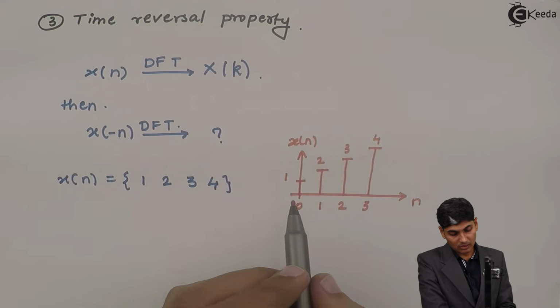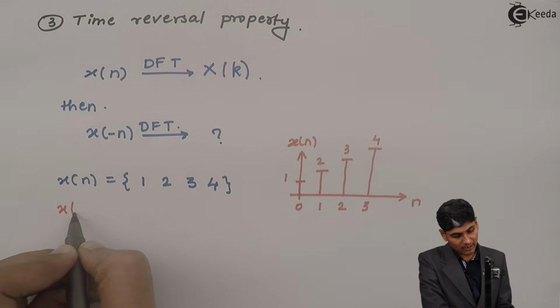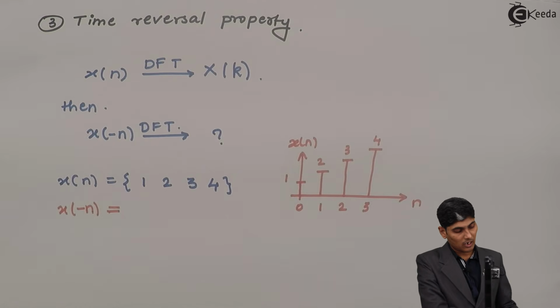Now this is my x of n signal. How will my x of minus n signal look, or what will the signal be?